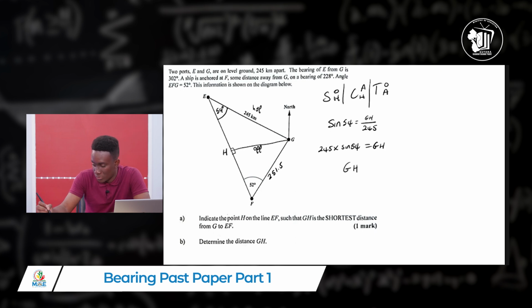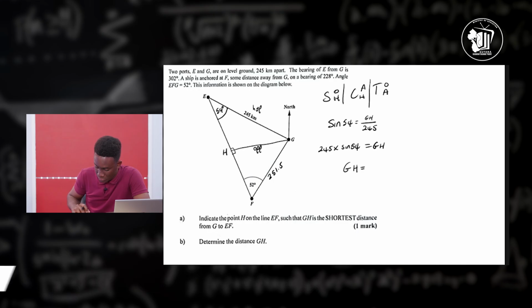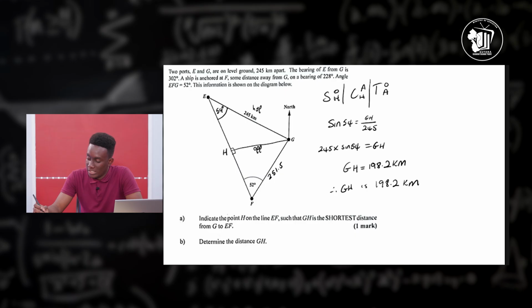So we punch it in our calculator: GH is equal to 245 multiplied by sine 54, which would give us 198.2 km. Therefore, GH is equal to 198.2 km.